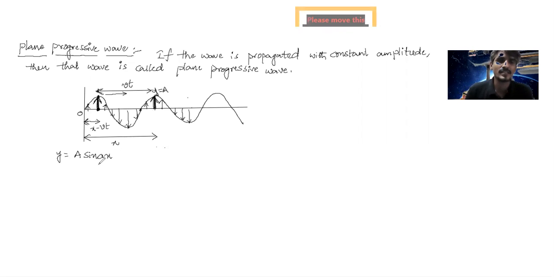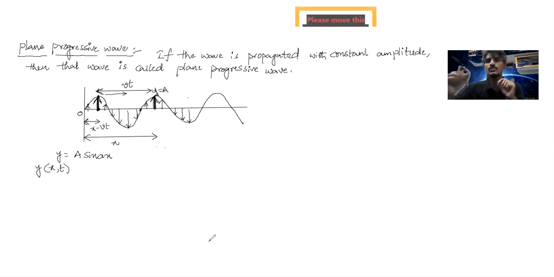Now, how do we write it actually? Y of x comma t, this displacement can be explained in terms of both x and t. It is a function of both x and t. After some time t, where is the position of the particle? After some time, where is the wave and where is the particle?